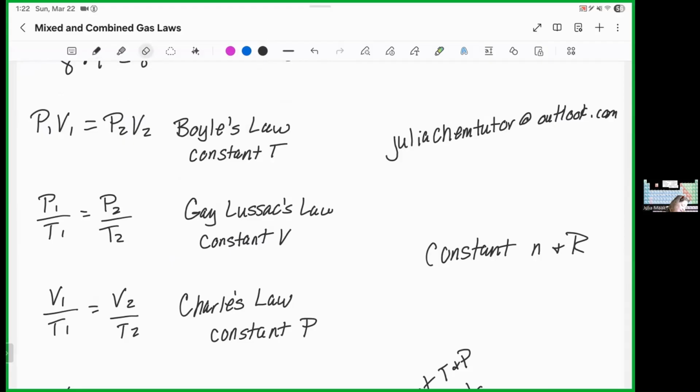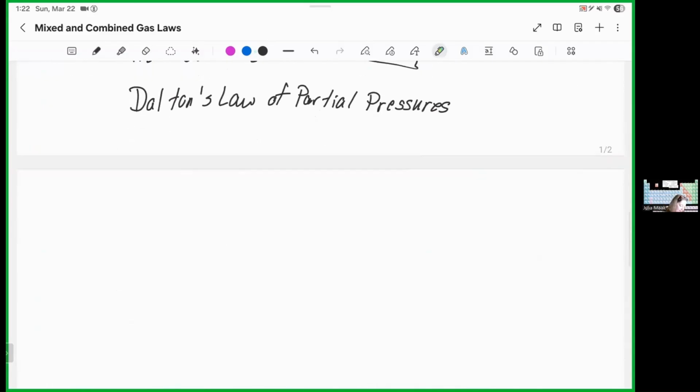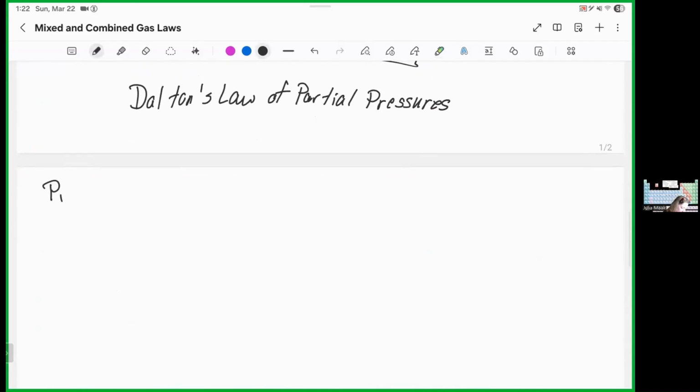When we combine those three, we get the combined gas law, which is P1 V1 over T1 equals P2 V2 over T2.